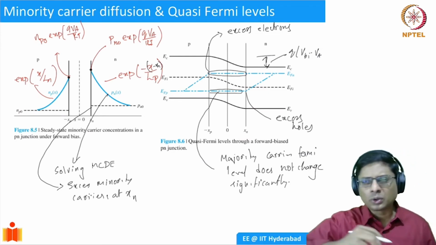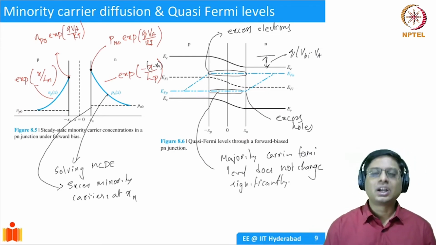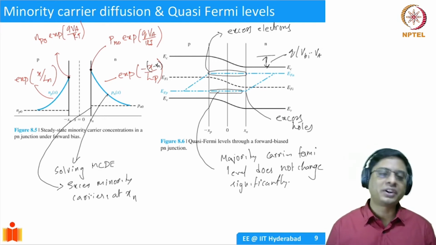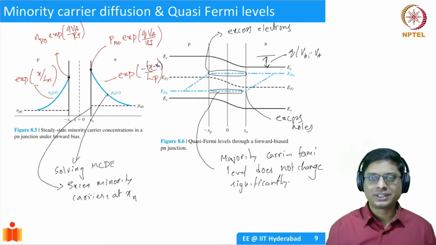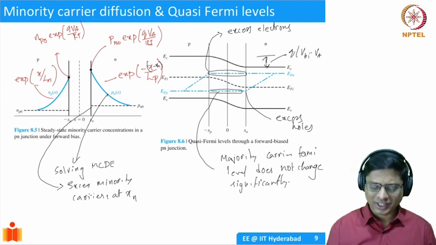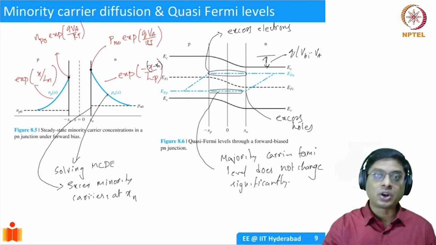There's going to be some slope, but it's very small. Of course, it also depends on how much excess minority carriers you introduce. If you have introduced a lot of minority carriers, then it will change. Anyway, that was electron hole production in the case we discussed for the MCDE in week 6, I think it was lecture 6, or lecture 5. There we were producing both electrons and holes, but now we are simply injecting only electrons or holes. So the EF for the majority carriers is going to be flat.